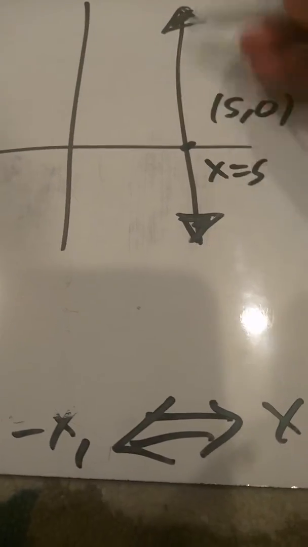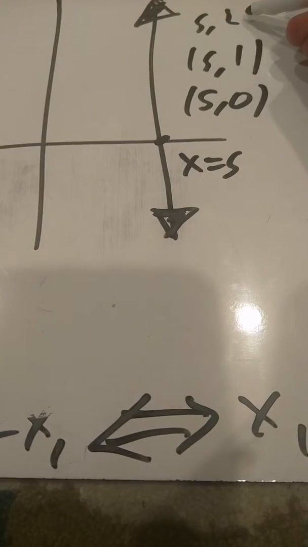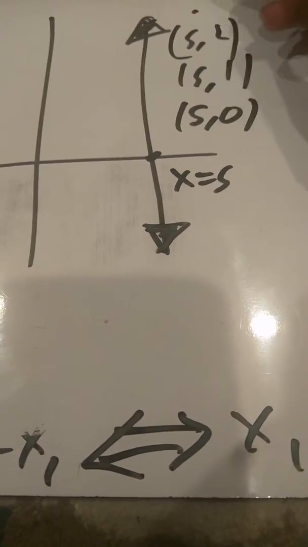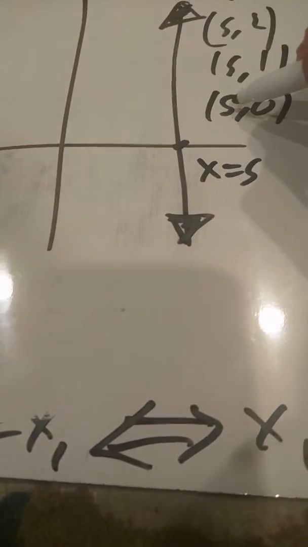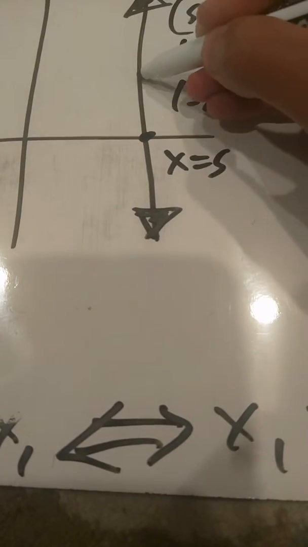And then this goes straight up and down, so 5, 0, we have 5, 1, 5, 2. And I was thinking, hey, x1 equals x2. That makes complete sense, since if we take 2 points to find the slope, we could say 5, 0 and 5, 1.